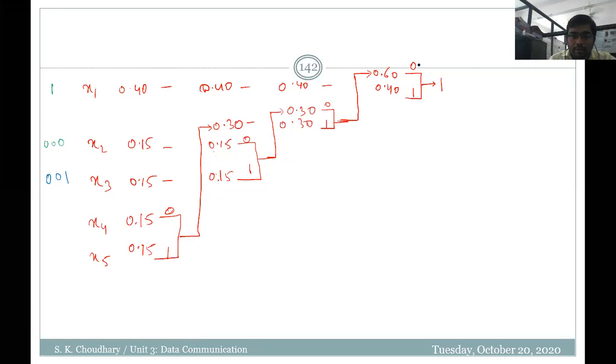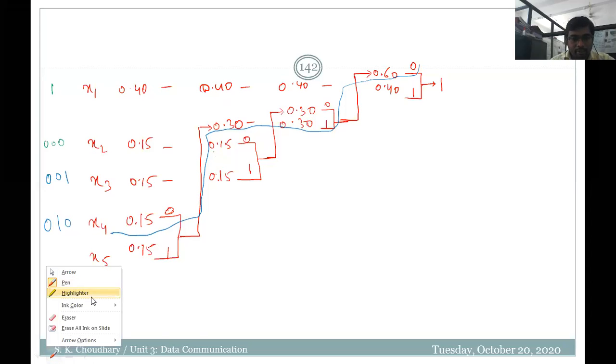Now for x4, it is 0, then 1, and then 0. So it would be 0, 1, 0. And the last one is x5.